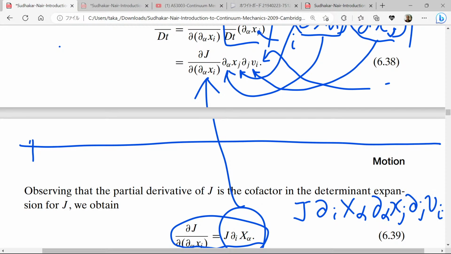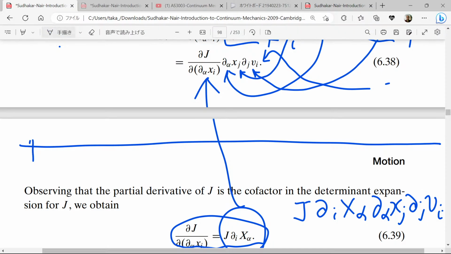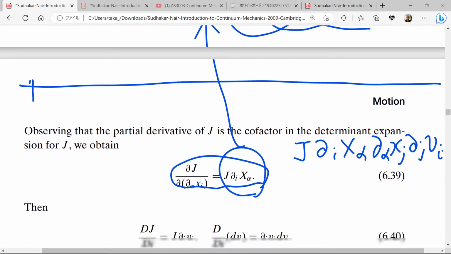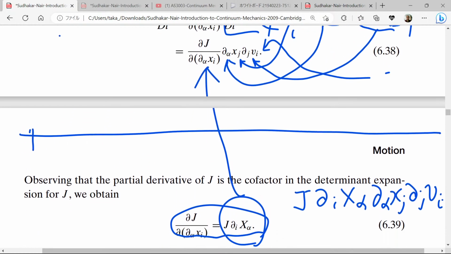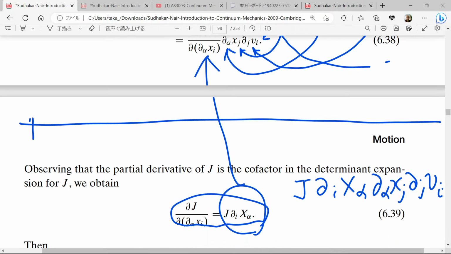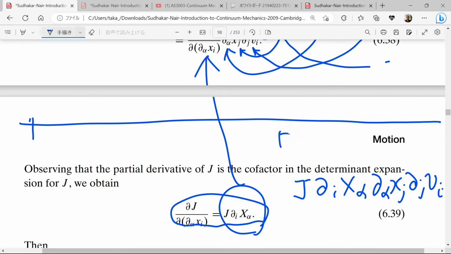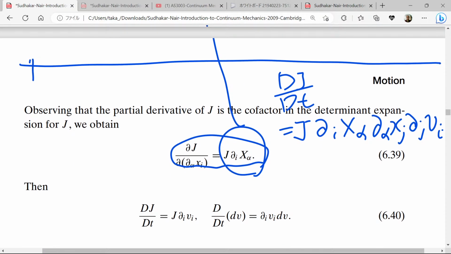This is what we have. dj dt. What I see is dj dt equals this.